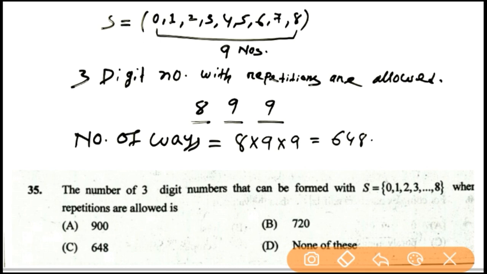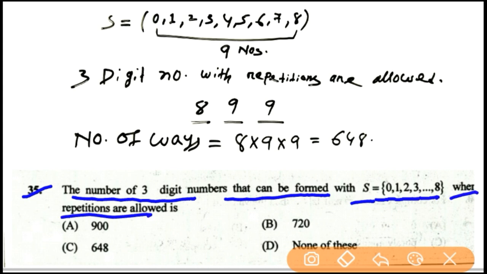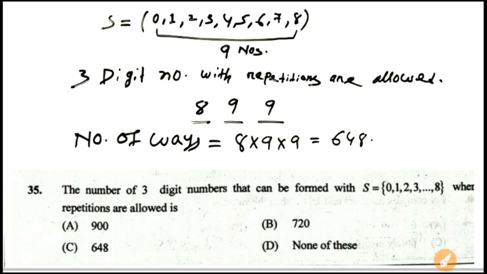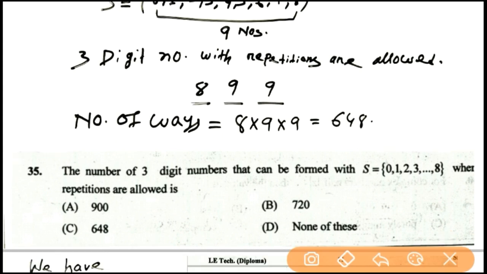In the next question we have, the number of 3-digit numbers that can be formed with the digits 0, 1, 2, 3, 4, 5, 6, 7, 8, where repetitions are allowed. This is very important: repetition is allowed. So you have to form 3-digit numbers. We have total digits 0 to 8, that is 9 digits.